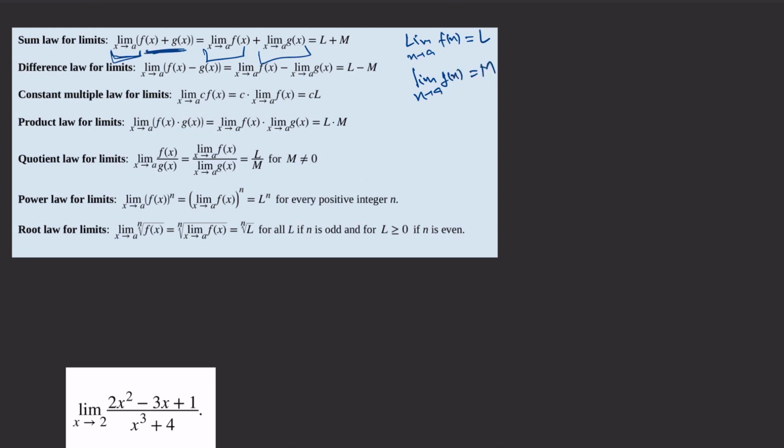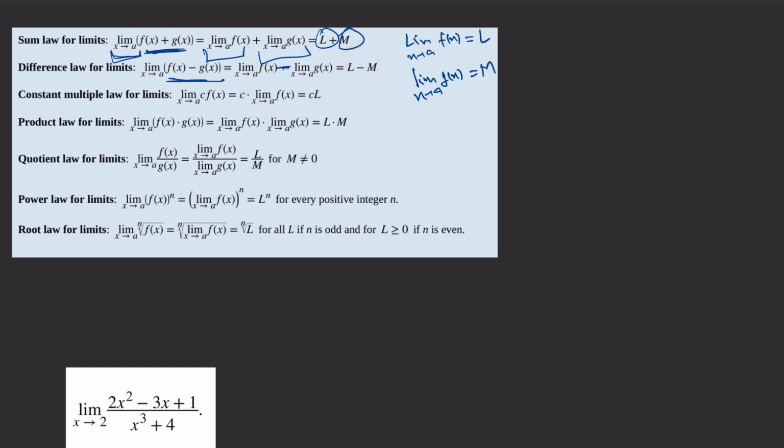So I write L plus m. If it is f(x) minus g(x), then I'll put minus here, and I'll get L minus m.